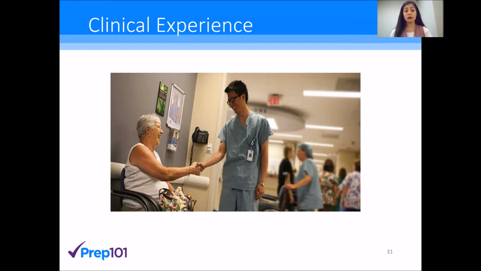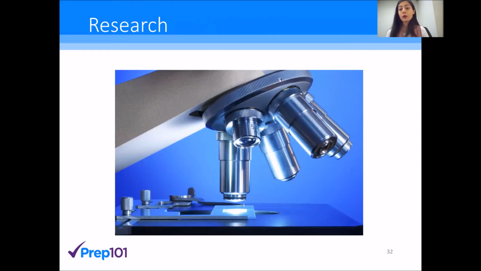Okay, so moving on, the other thing that you probably also want to do is get involved in a little bit of research. Now, the only time that you have to be involved in research in order to get into medical school is if you're doing the MD PhD program. That's somebody who is more interested in academics or in a research career.